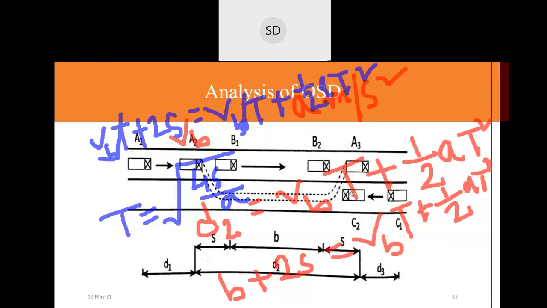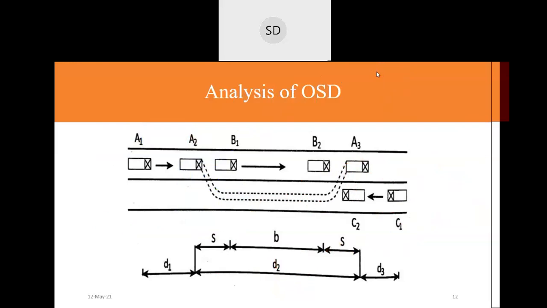Now another thing, coming to the next portion, that is from C1 to C2. Okay, from C1 to C2. Now from C1 to C2, that distance was covered by vehicle C, and the total time taken to cover that distance is nothing but the total overtaking time.